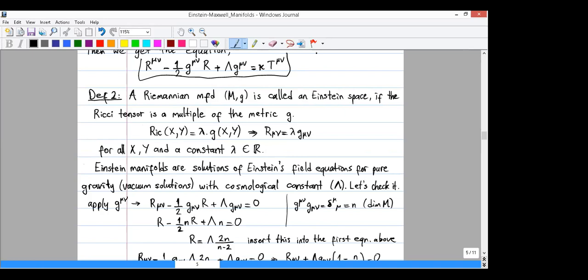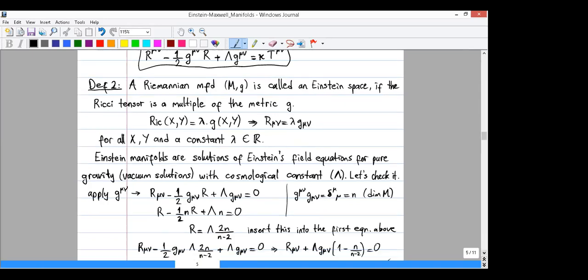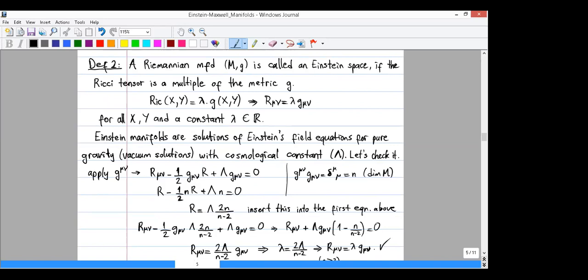That means there's no mass or energy in the system. But we have a cosmological constant. So we can check this. So this is the vacuum Einstein solution equation, and we are looking for solutions.